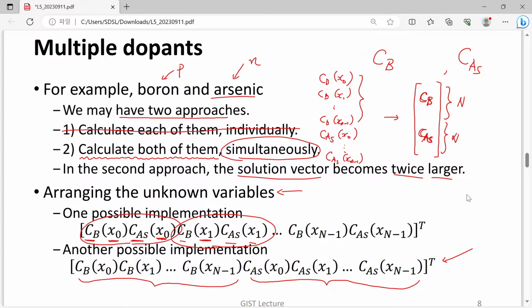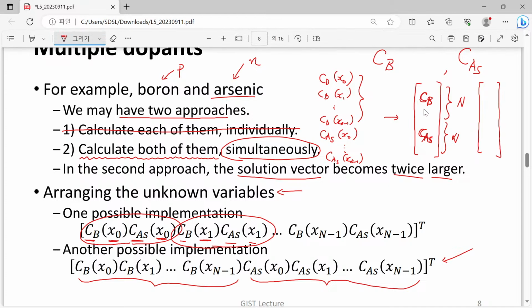In the earlier arrangement, neighbors are more or less of the same type. Now in this new alternative way, neighbors are placed in the same position or nearby positions.